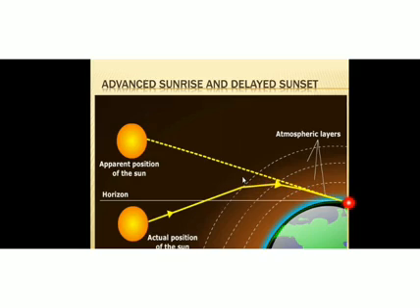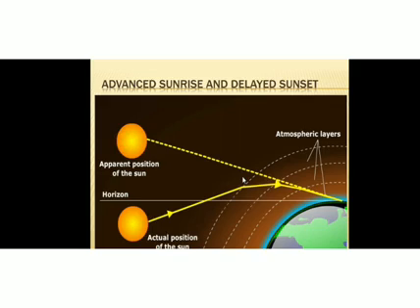But his line of observation is along a straight line, so still he can see the sun here. So even if the actual sunset has taken place, he can see the sun here. The sun is visible to him even 2 minutes after the actual sunset. So this interesting fact occurs due to atmospheric refraction.